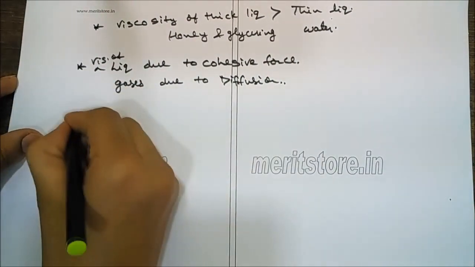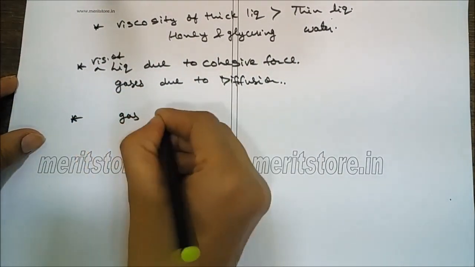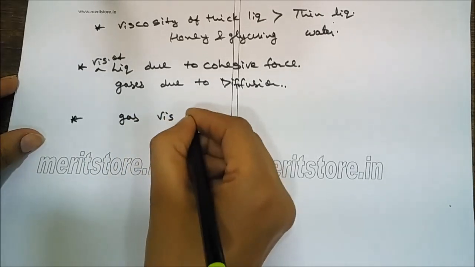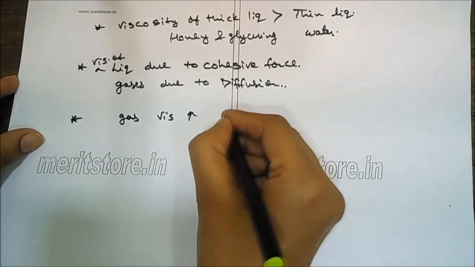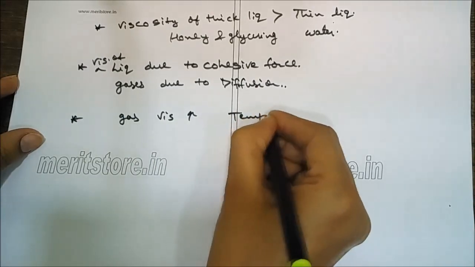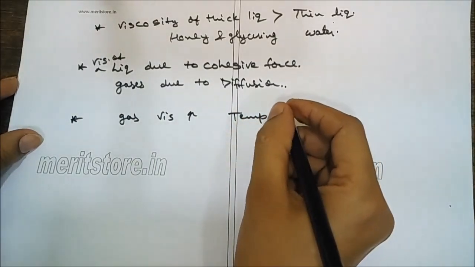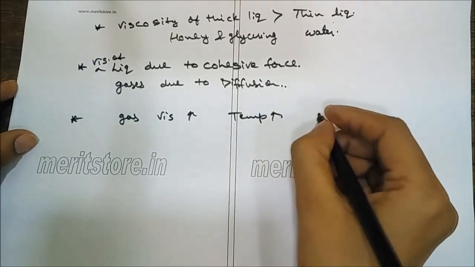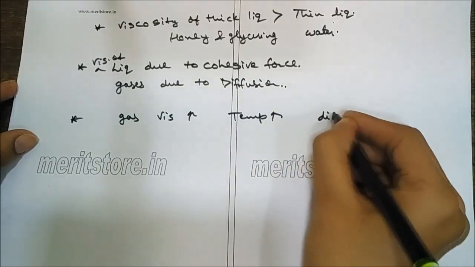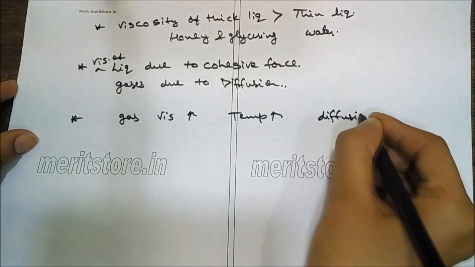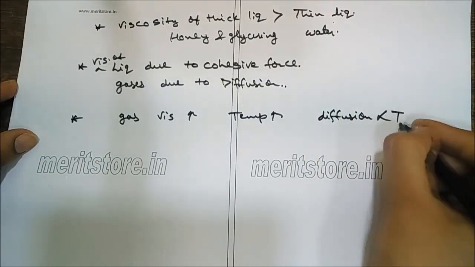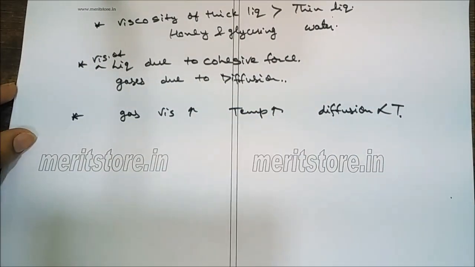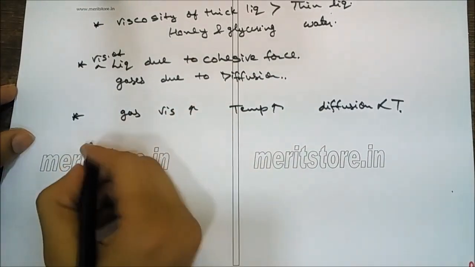So the viscosity of gases is increased with increase in temperature. If we increase the temperature, then the viscosity of gases will increase. It is due to the diffusion of gases. The diffusion will also increase with the increase in temperature, so the viscosity of gases will also increase.